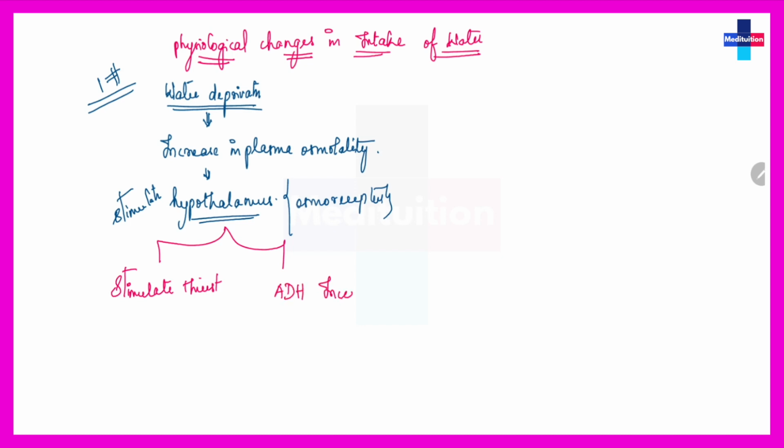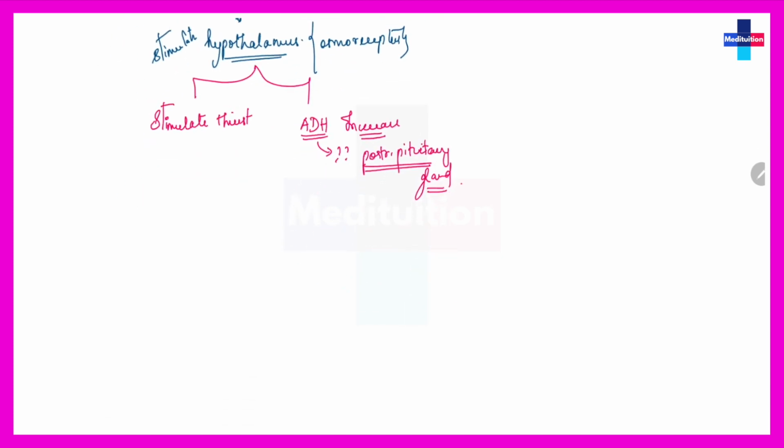ADH increases. Why is ADH increased? Because it absorbs your H2O. Simple. But ADH is released from which gland? Please remember, the posterior pituitary gland. Now once both things are done, with thirst stimulation there will be increased oral intake, so you will drink more water.